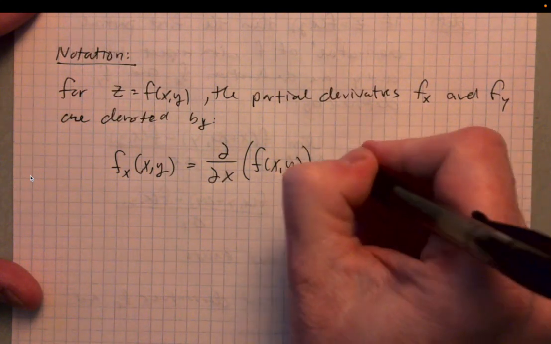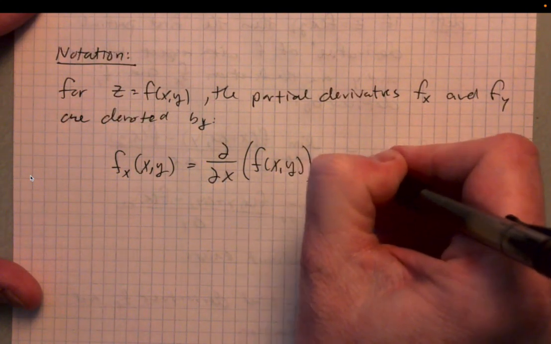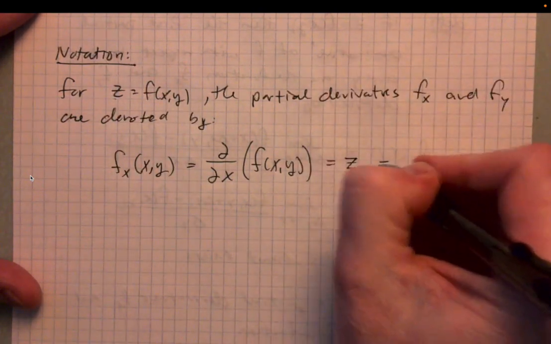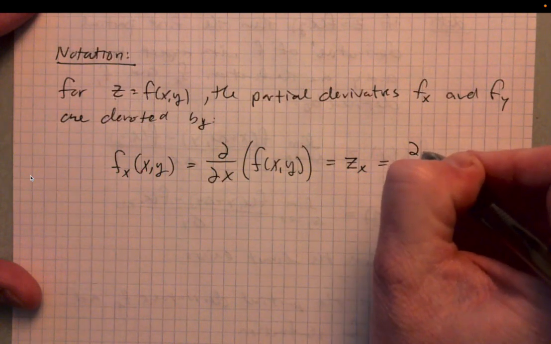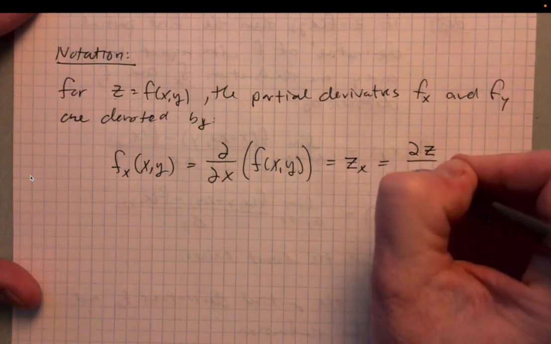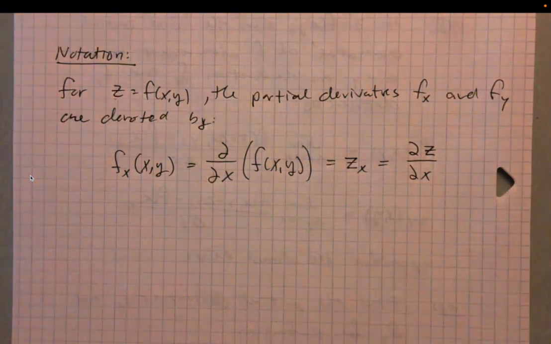Another way to write it would be to say z sub x, right? So z is equal to f of x, y. And then yet another way would be using the del notation again. You'd get del z over del x like that.